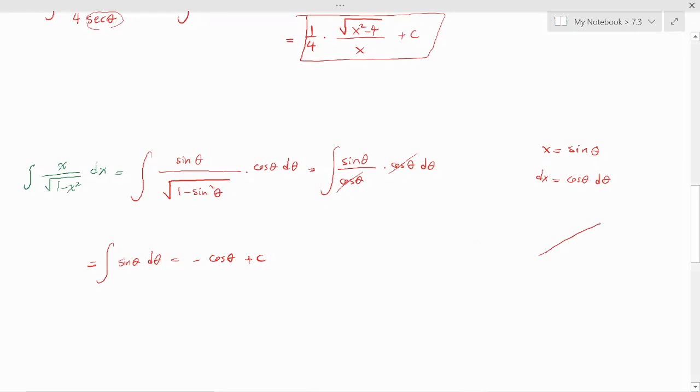If we draw the triangle, there's the angle theta. Sine theta is given as x over 1, so this must be x, that must be 1, so this is square root of 1 minus x squared. So I can answer this question and say negative cosine theta would be negative square root of 1 minus x squared plus c.